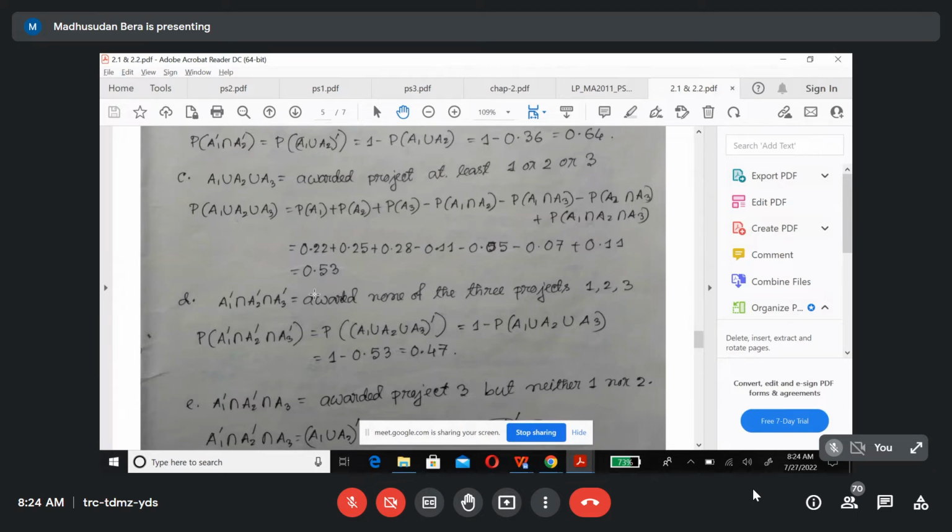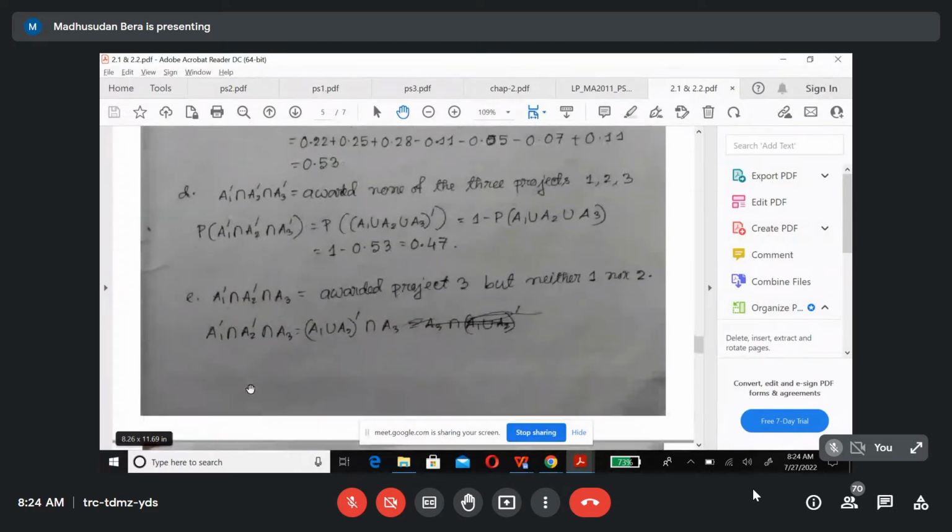Part E, A1 dash intersection A2 dash intersection A3 means A1 not awarded and A2 not awarded, but A3 awarded. So awarded project 3, but neither 1 nor 2. Or you can write awarded project 3, but 1 and 2 are not awarded. That way also you can write.